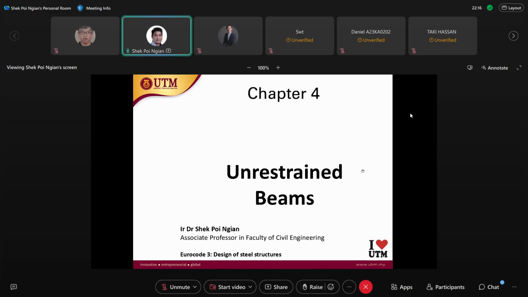So we have learned about design of restraint beam. As I explained before, for restraint, you need to prevent the beam from twisting. So what you have to do is restrain the top flange of the beam. If you are unable to restrain the top flange, then your beam will be considered as unrestrained beam.